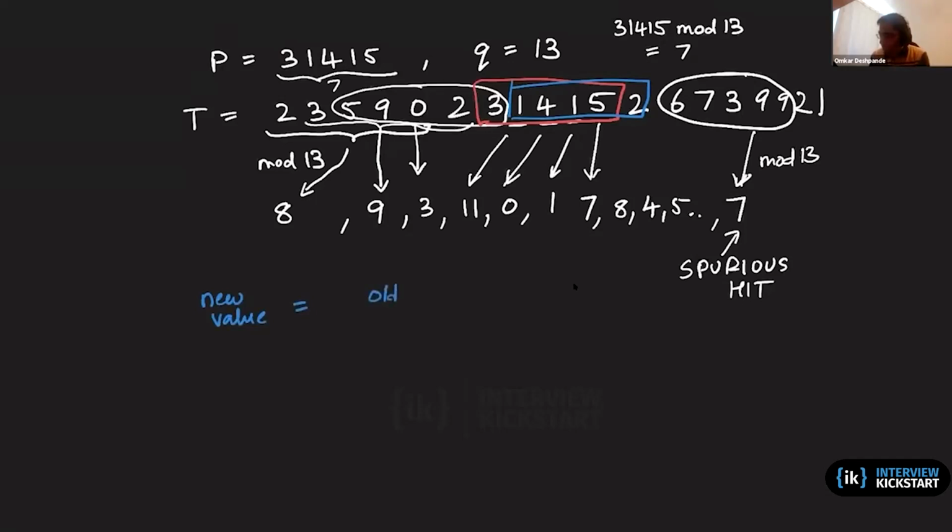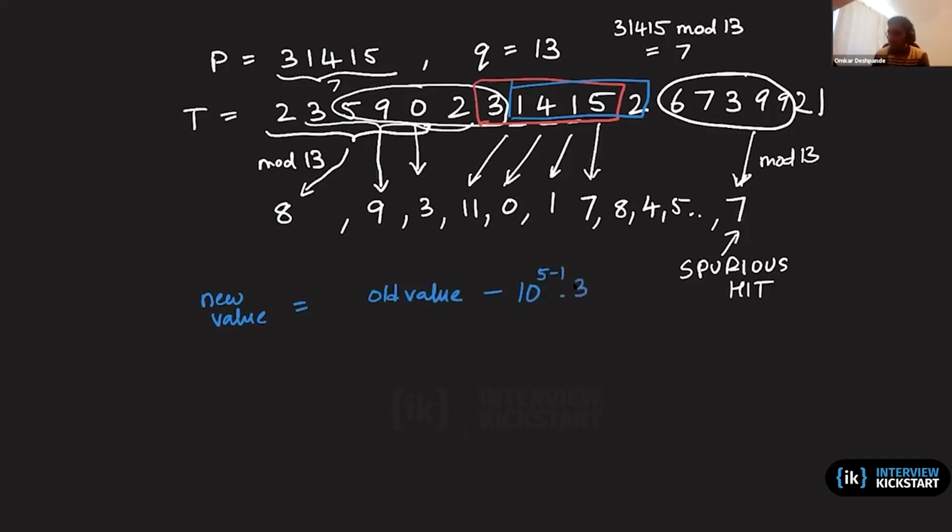Actually, let me just write down the formula, then I can substitute. We'll take the old value and subtract from it d, which is 10 here, 10 to the power m minus 1, times the leftmost digit, which is actually 3 in the old window.